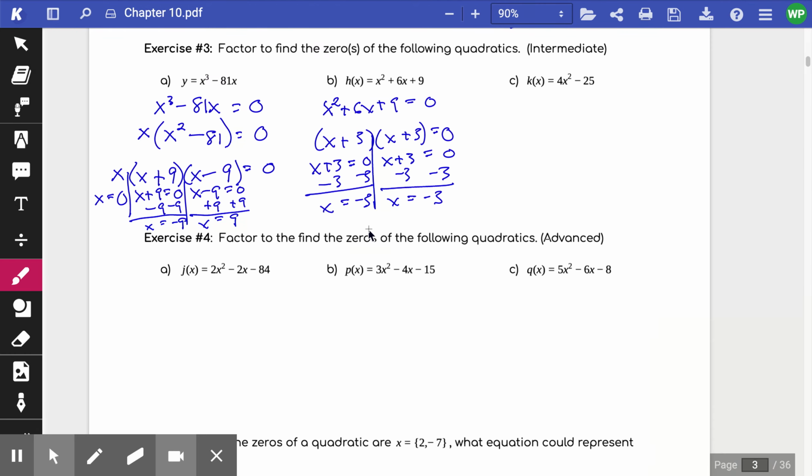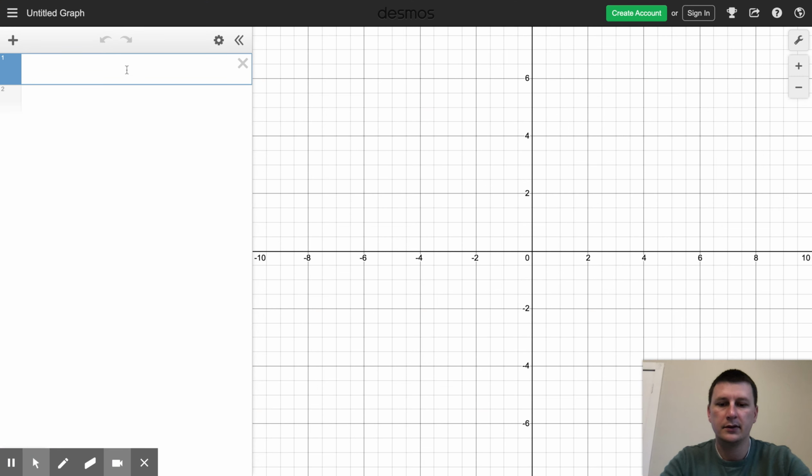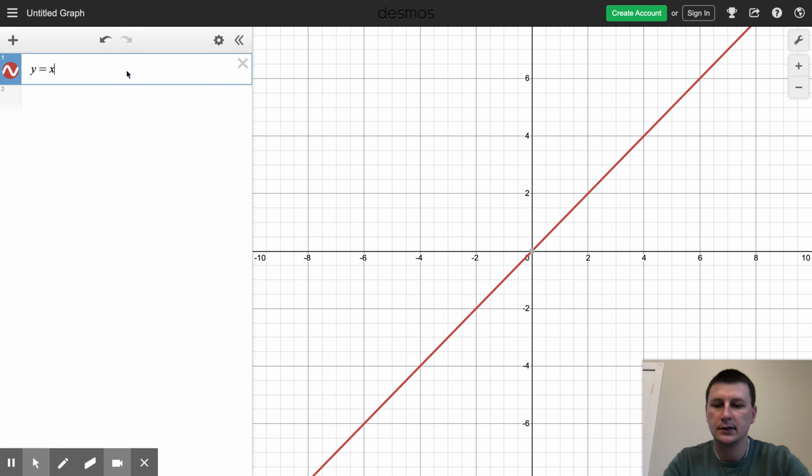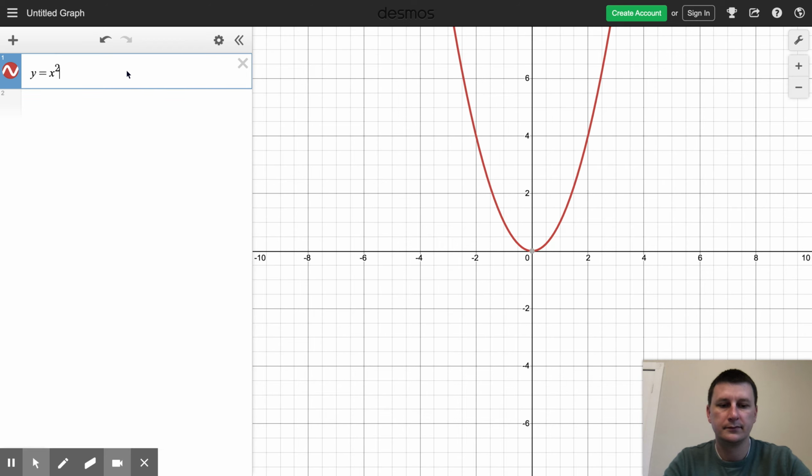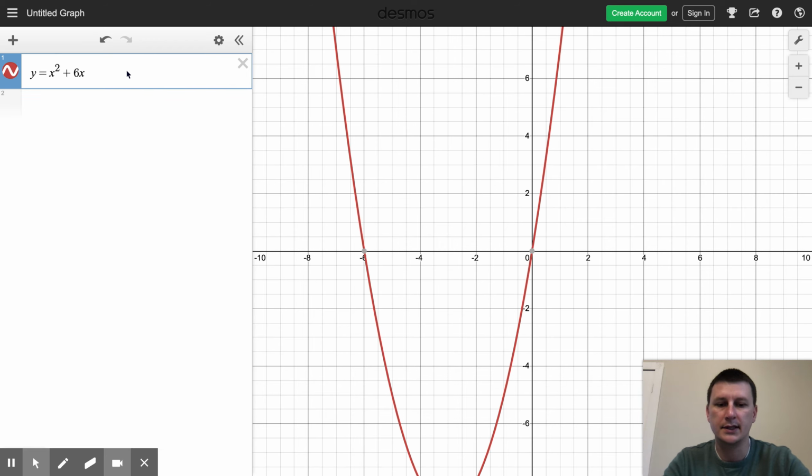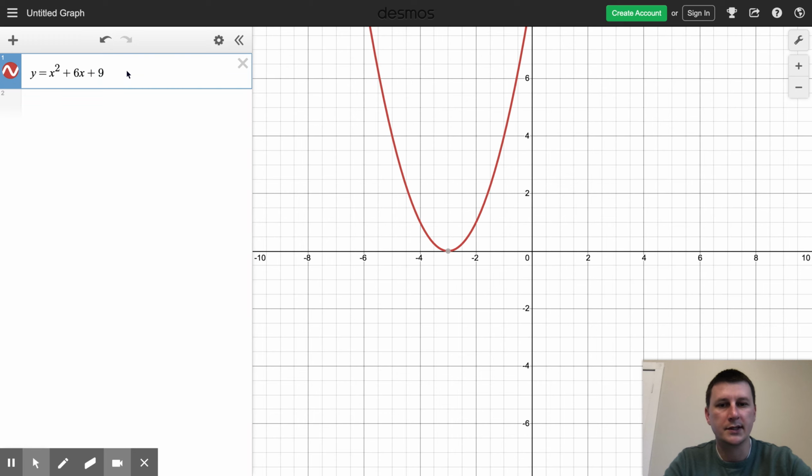So if we were to take a look at this graph over here, and I put in y equals x squared plus 6x plus 9, the reason why there's only one solution is because there's only one 0 on this graph, and that 0 also happens to be the vertex.